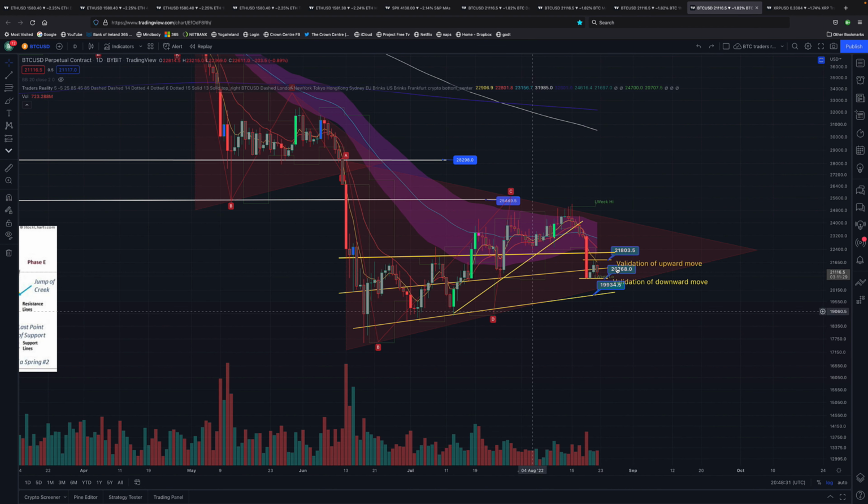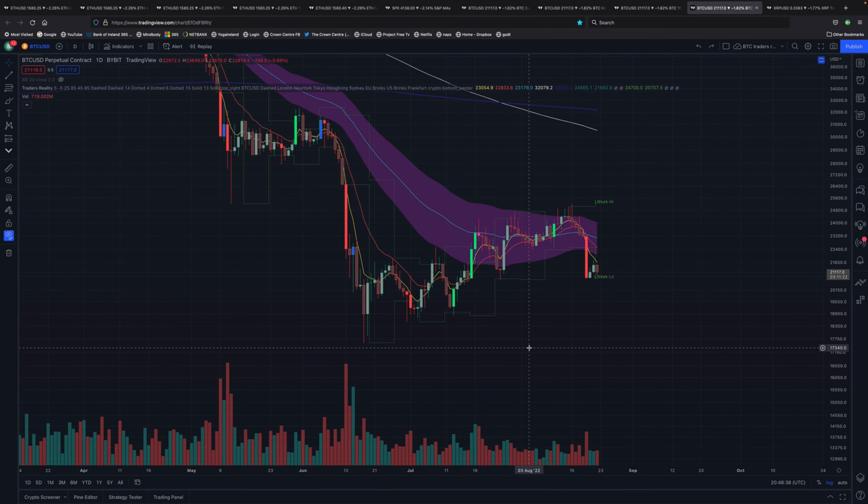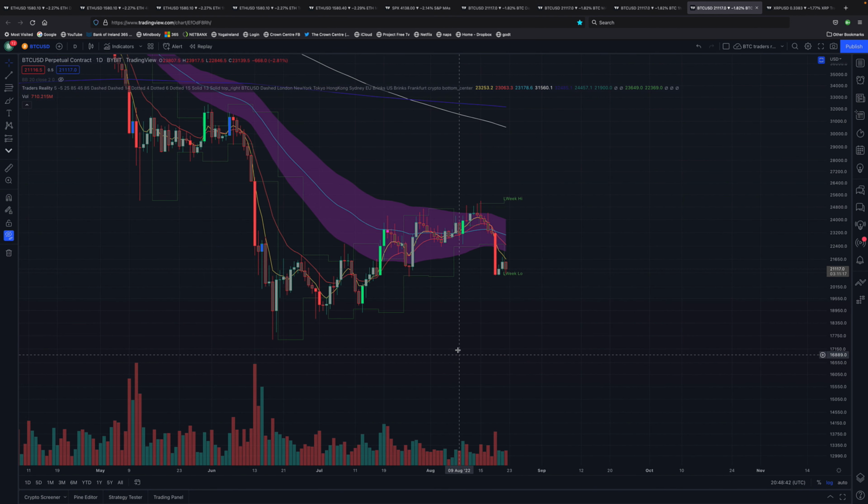So we're still following this, and again, I use it as a confluence indicator rather than a decision-making indicator on the bigger time frames.